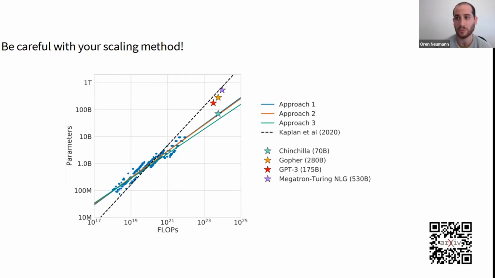They used the same amount of compute, so the smaller one ran for the same amount of time, but it was smaller. And because it was smaller, it managed to run for more training runs on the same amount of compute. And it reached much better performance than Gopher. So you always have to be careful with the method in which you scale up your models. And that's it. I hope you are able to use it for your own projects now.